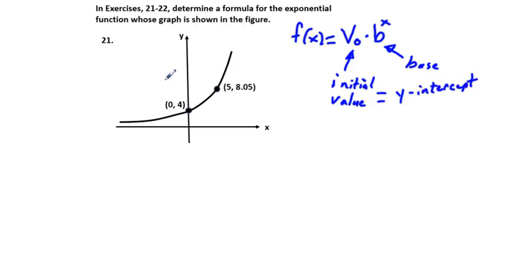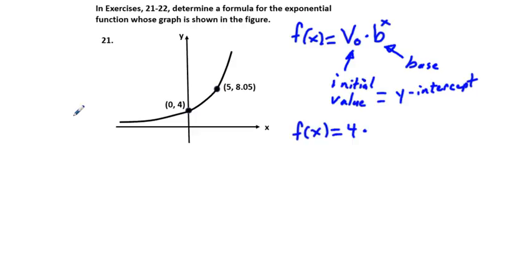And we can see, I hope, that based on the 2 points given in this exponential function, this is an exponential growth curve, by the way. Let's write this, f of x is equal to our initial value, which is 4, times our base. Now we have to figure out what our base is.